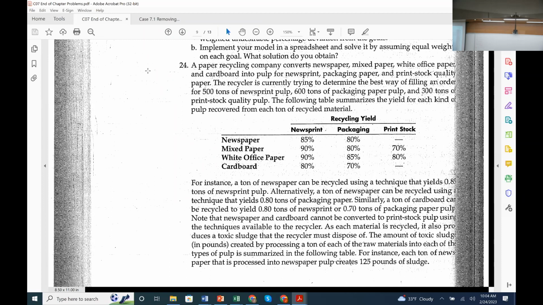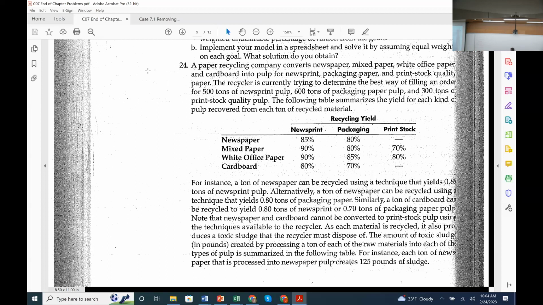It'll be 0.85 times X11 plus 0.9 times X21 plus 0.9 times X31 plus 0.8 times X41 greater than or equal to the amount we have to produce. There are limits on how much of these things we have, and for that you are just straight up adding across the row. You can't use more than what you have available. That's like the physics of how you run the recycling plant.